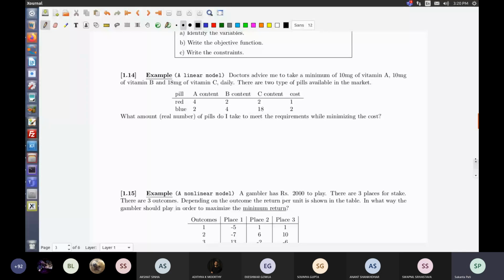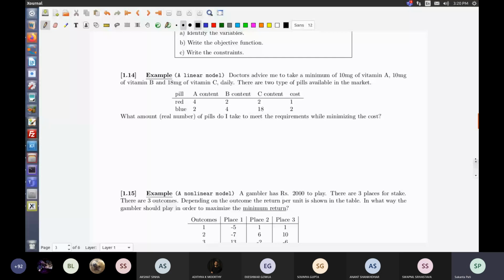There are two types of pills available in the market, one red and one blue. The red pill contains 4 mg of A, 2 mg of B, 2 of C, and the cost is 1. The blue pill contains 2 of A, 4 of B, 18 of C, and the cost is 2. Now, which pills do you have to take to meet the requirements while minimizing the cost?